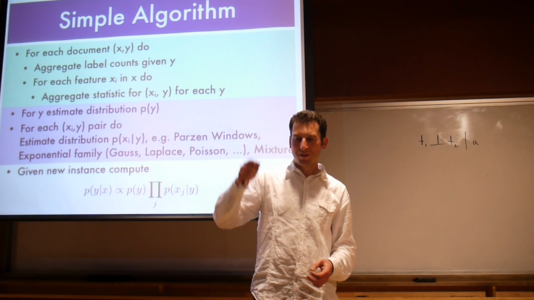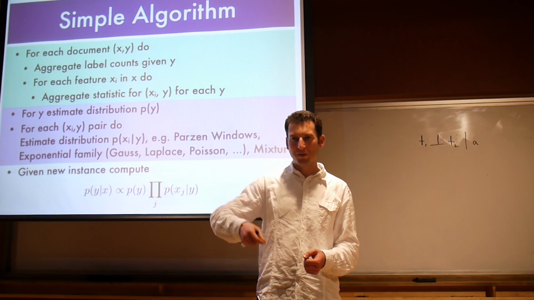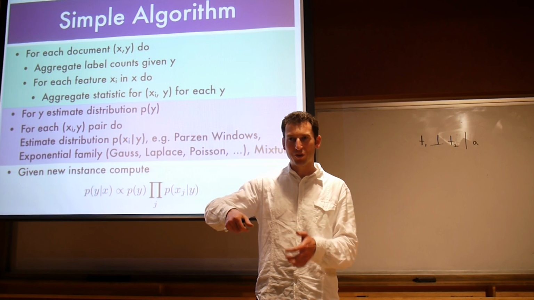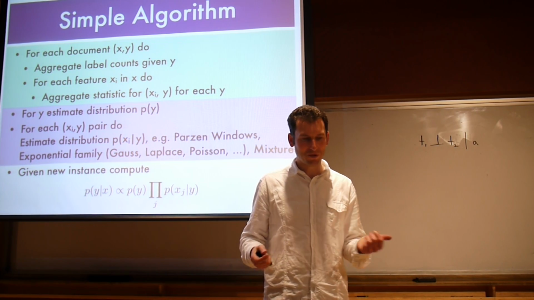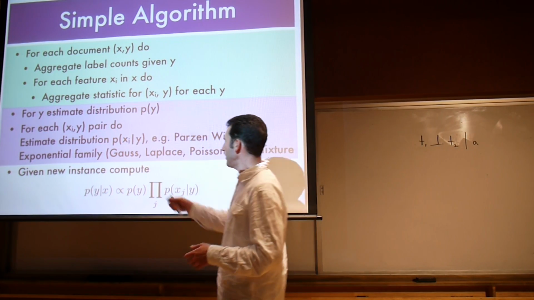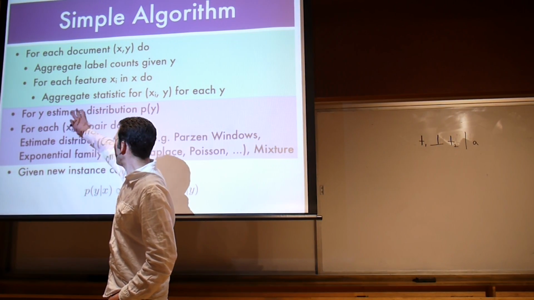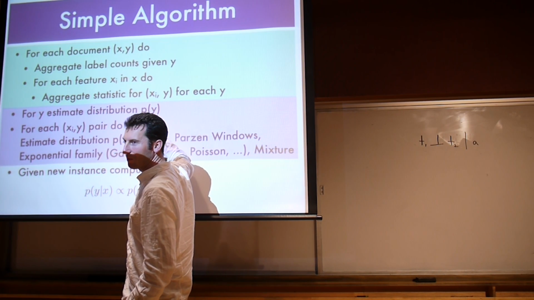And then I can use this to come up with an estimate of the distribution of, let's say, the word rich conditioned on the email being ham, and the same distribution conditioned on spam. Now then, I go and emit all those things, and for y, I can just easily go and estimate the distribution P of y. In a binary problem, this is trivial.